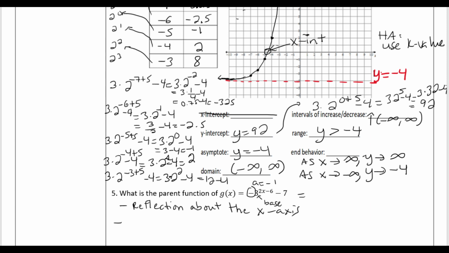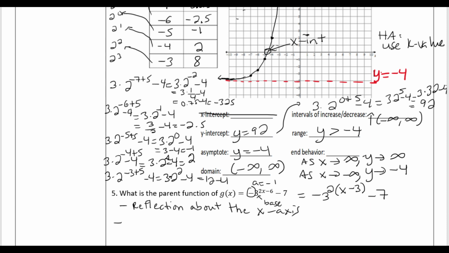So before we do this, every time you have a number in front of x, you want to factor that out, so that you can find out what your h is. So when we factor out a 2 there, we get x minus 3 and then minus 7.